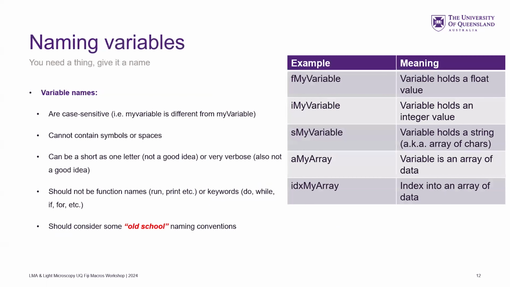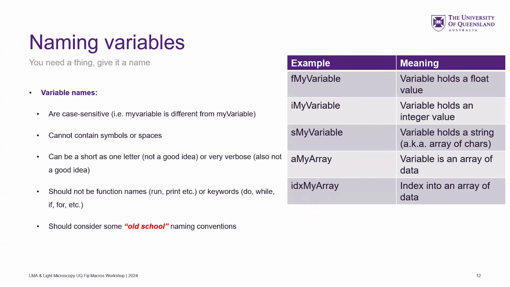So how do you name variables? As I said, they're case sensitive. You can call them whatever you want. A good thing is this table where we start with F because that's a float, I if it's an integer, S if it's a string, A or something for array, or an index.